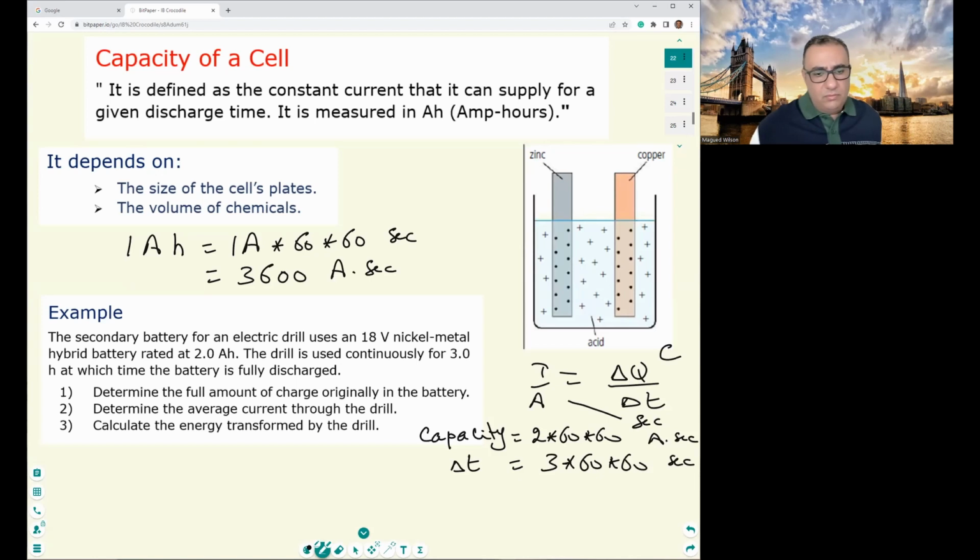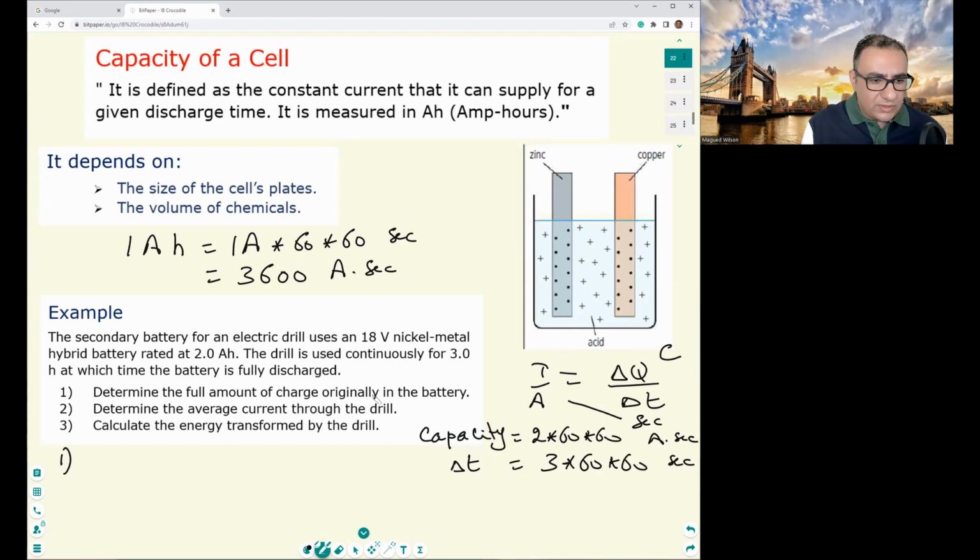So if you have capacity, amp hour or amp second, that's basically the charge. So I don't need to do anything actually. Number 1 here, we already got it. The full amount of charge originally in the battery is basically the capacity, but in Coulomb, right?